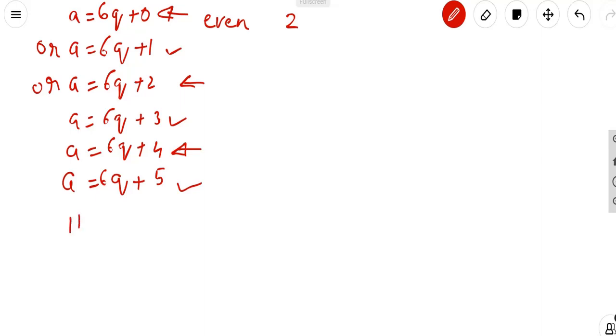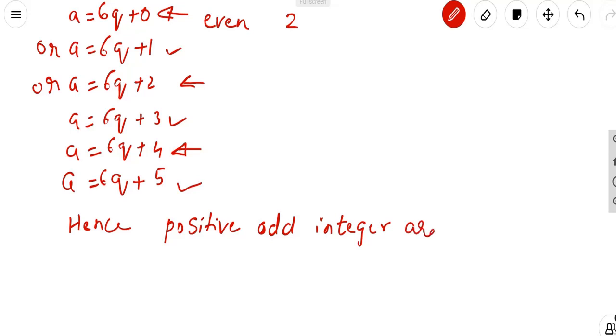Therefore I can write it as: hence, positive odd integers are 6q plus 1, or 6q plus 3, or 6q plus 5. So hence proved.